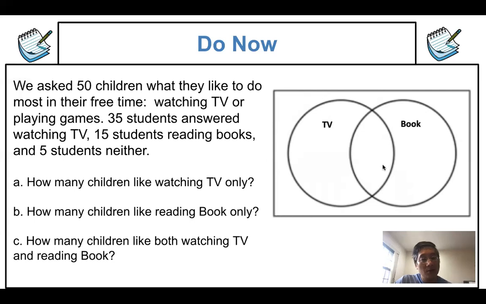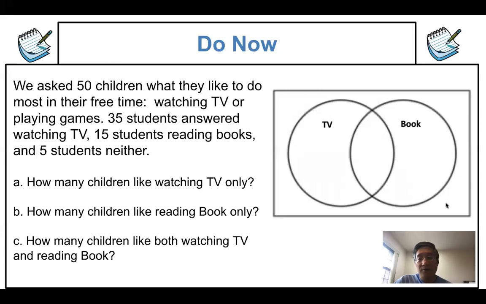But do we know A union B, either TV or book? In the information it is not given, but how do we know? Any idea? Think about it, please. Okay, look, 5 students are neither.